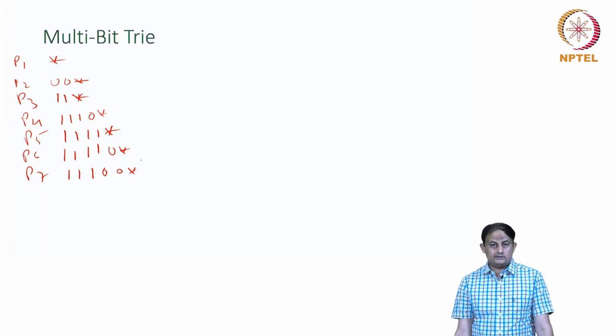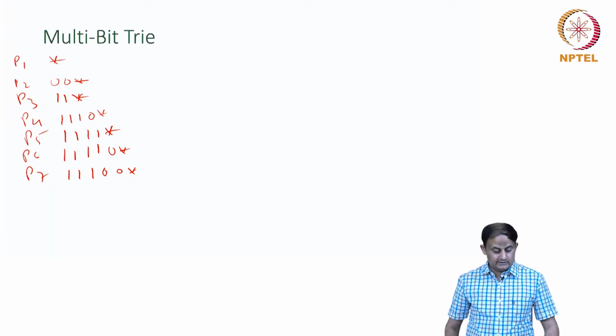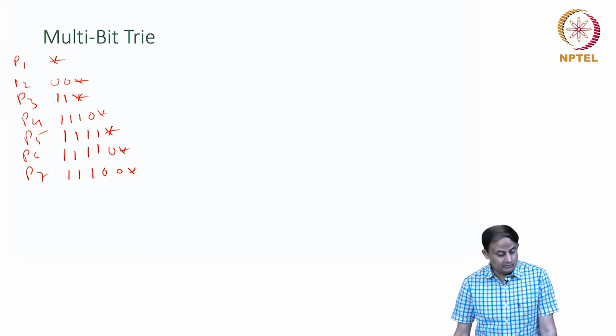So, these are the set of prefixes that I got, basically 7 of them.